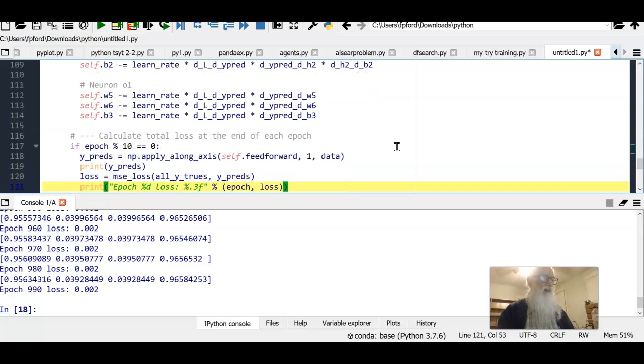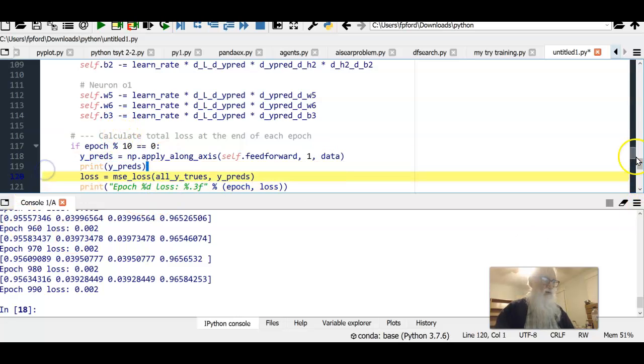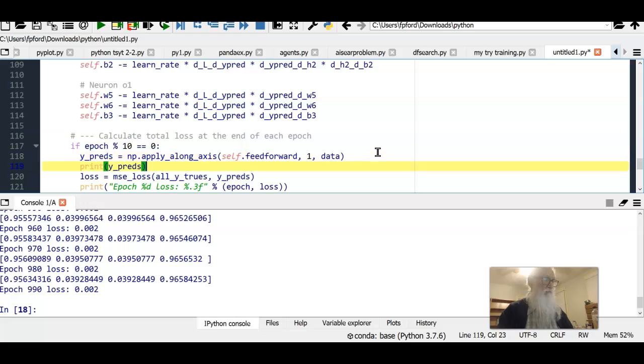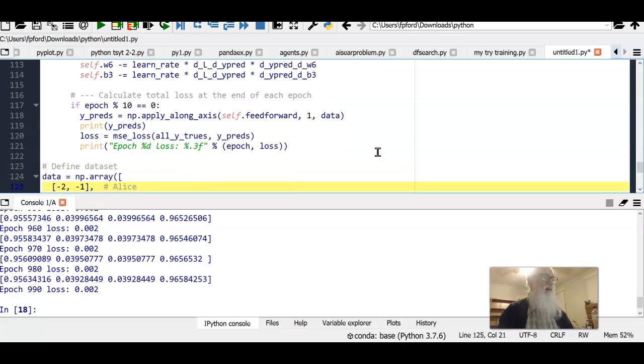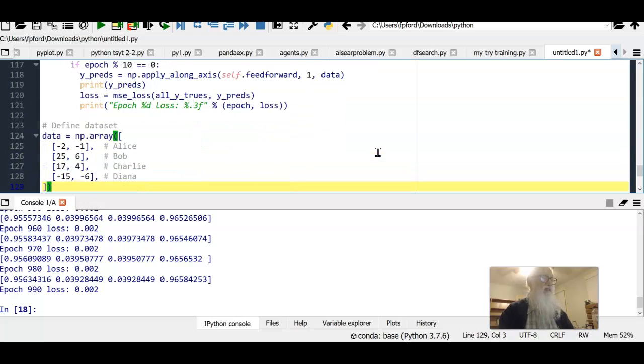Here's an output. I added this portion right here because I wanted to watch it actually output. There was no output. It was just showing the error, the loss. I wanted to see how well it was doing. So I printed out the actual computations that the machine made, what its answers were. And then here's the data that we need to put in.